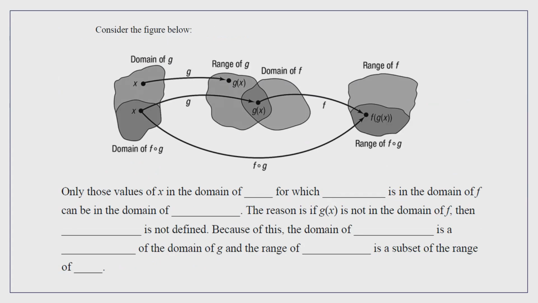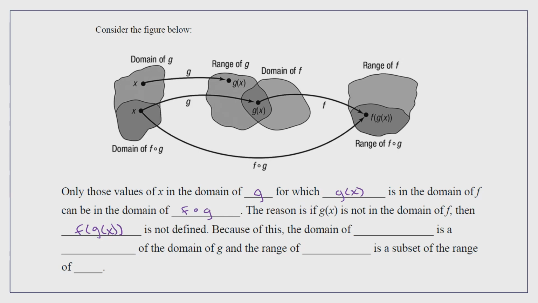So let's consider this figure below. Only those values of x in the domain of g for which g of x is in the domain of f can be in the domain of f composed with g. The reason is if g of x is not in the domain of f, then f of g of x is not defined.